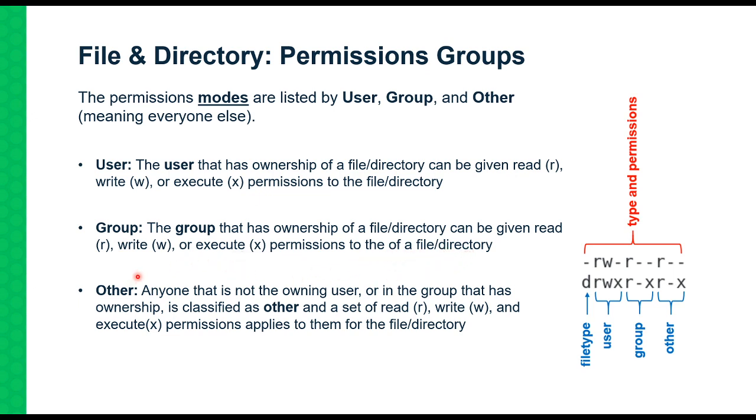Then the other: anyone that is not the owning user or the group that has ownership is classified as other, and a set of read, write, and execute permissions applies to them for the specific file or directory.